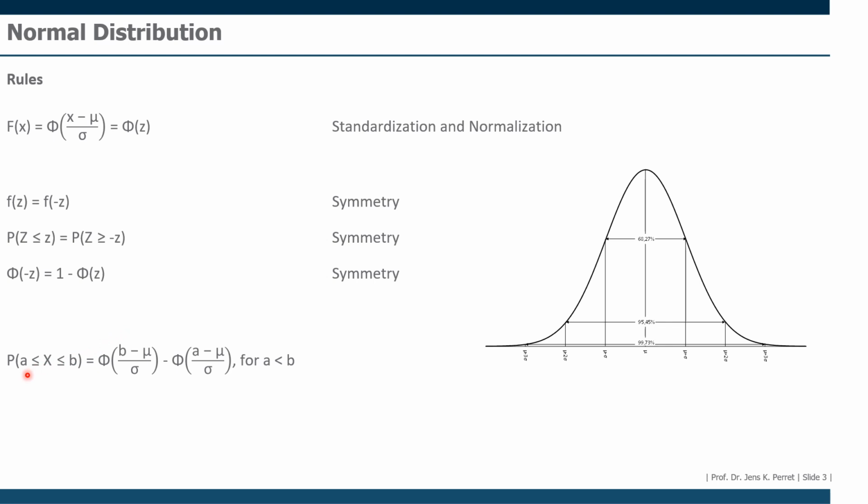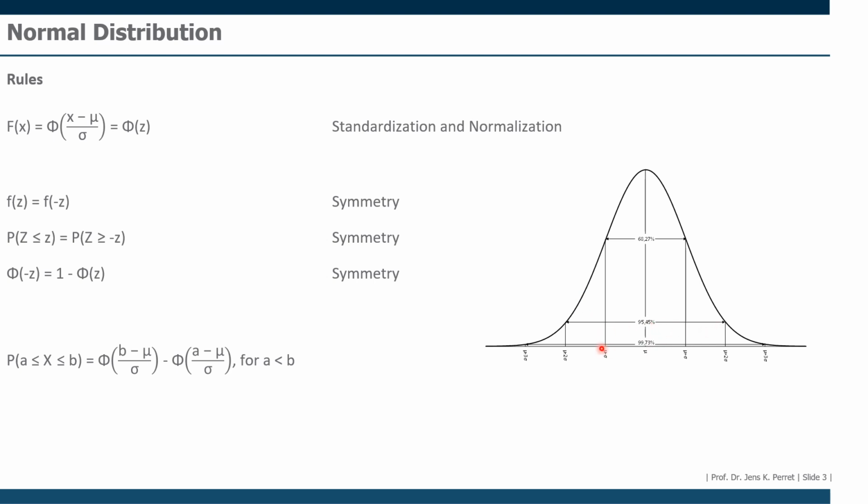Similarly, if we want to calculate the probability of x being inside a certain interval from a to b, we can use something which we know about the calculation for integrals. So we're first going to insert the upper boundary, calculate the probability here, then minus inserting the lower boundary. Well, this also can be explained with this graph.